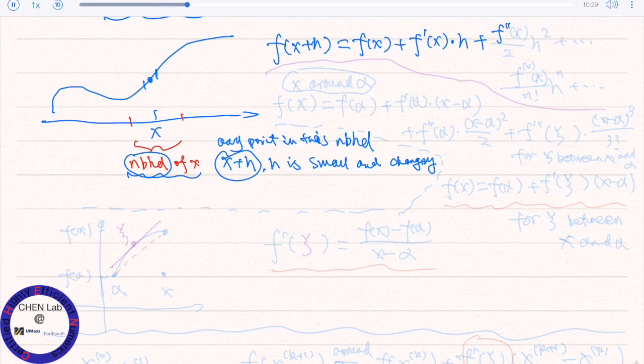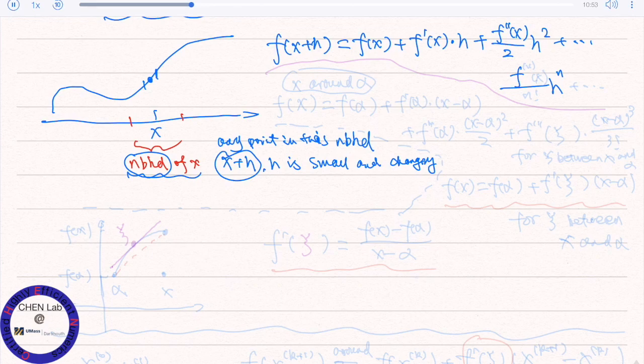That turns out to be f double prime x over, anybody remembers? 2, h squared, plus dot dot dot, all the way to, if we want an nth degree polynomial, you can keep raising the polynomial degree.